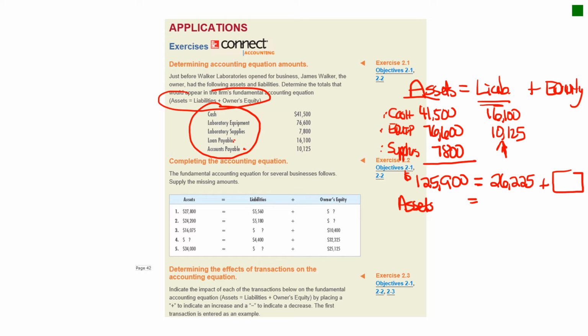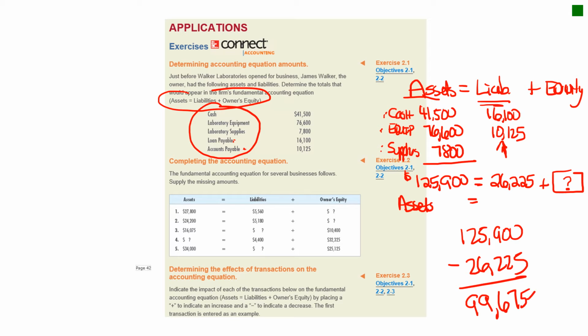So remember, your assets is on the left side of the equation. On the right side is your liabilities plus equity. In this case, since we know the assets is 125,900 and the liabilities is 26,225, to figure out this unknown, all you have to do is subtract. So if you take 125,900 and subtract the 26,225, that's going to give you $99,675.